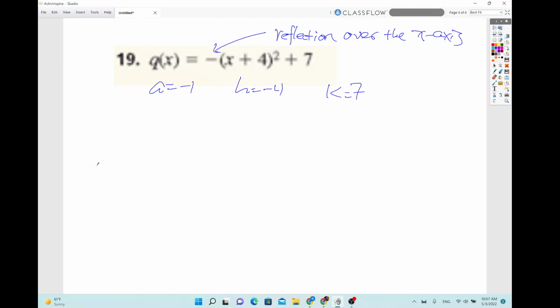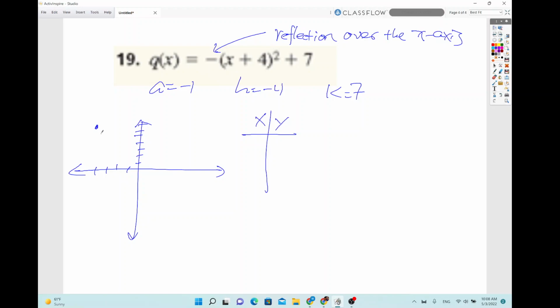Okay, so plot the point, in the second quadrant. We do know that a is negative, so the parabola looks like it's going to be upside down. Again, to get more points, we set up the xy table.